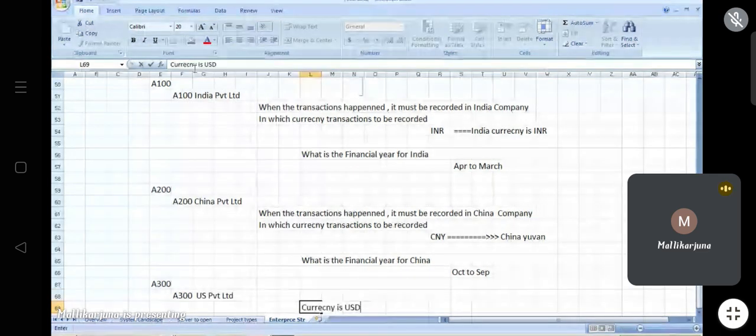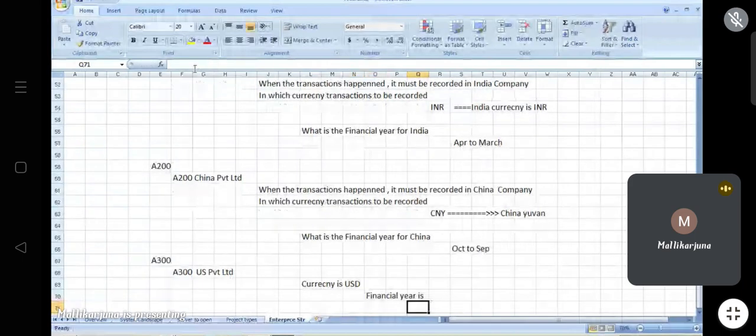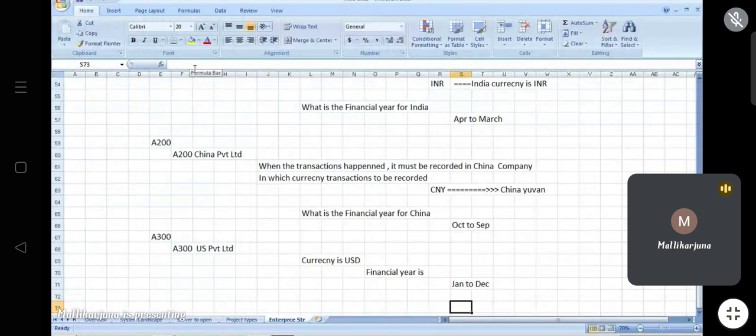Currency is USD and financial year is January to December. So like this, the company where it is operating follows the country currency and country financial year, because the transactions here we are recording against the country currency.